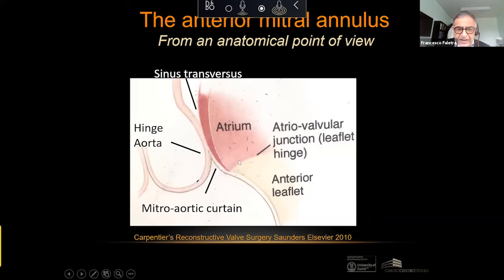Here, the hinge line of the mitral leaflet. In between, there is a space which is called the mitral aortic curtain.